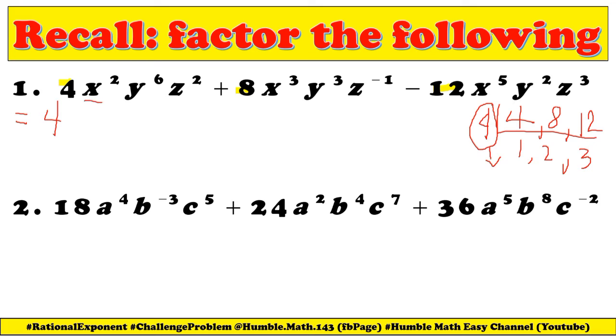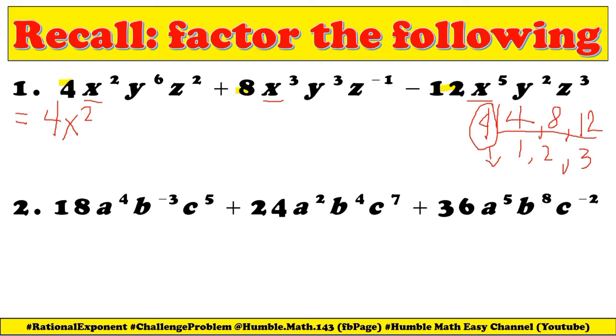Among the three, the lowest exponent is x squared. So the x squared is the GCF of the variable x.